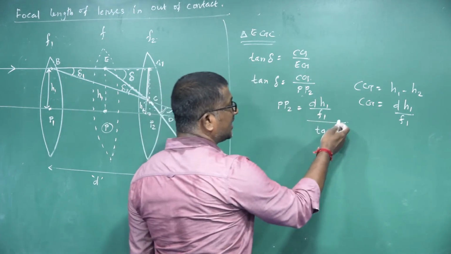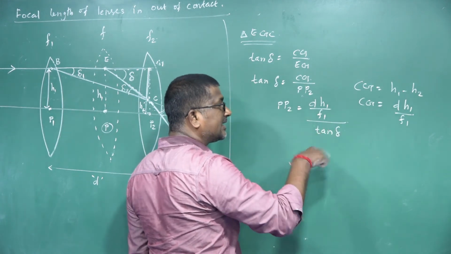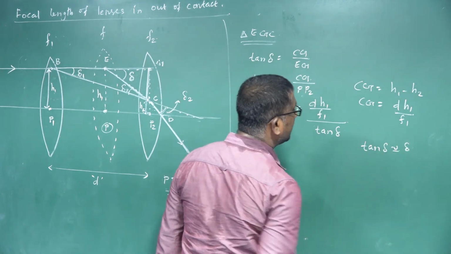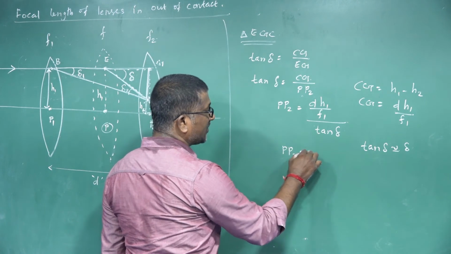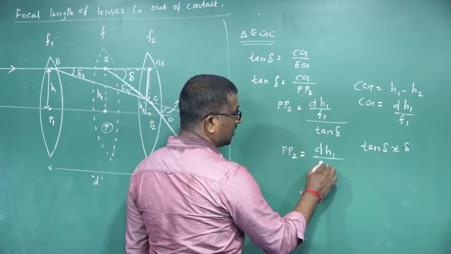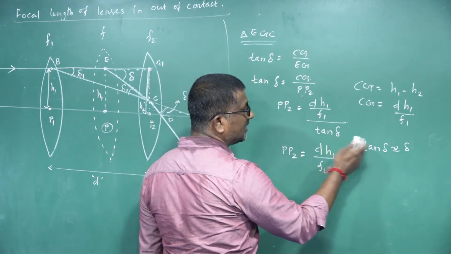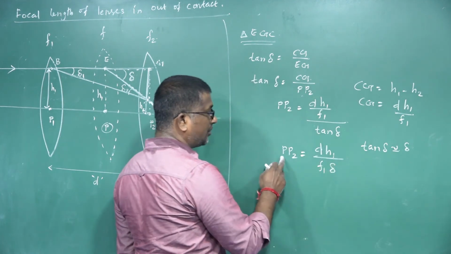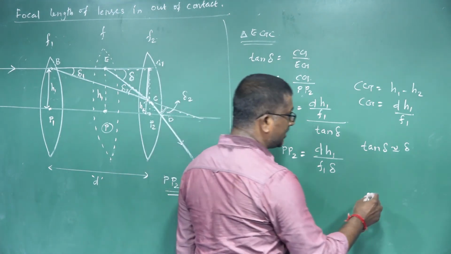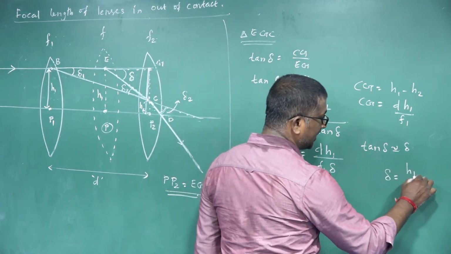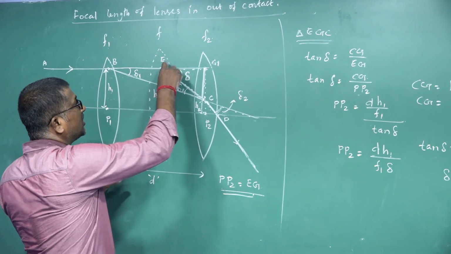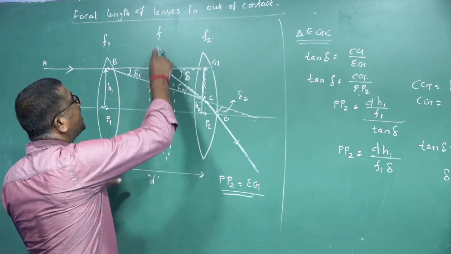Here del is too small, therefore tan del can be taken as del. Therefore P2 is equal to D H1 divided by F1 into del. Already I told del is equal to H1 divided by F. Here the total angle of deviation produced by the new lens is equal to the ratio of height to the focal length.